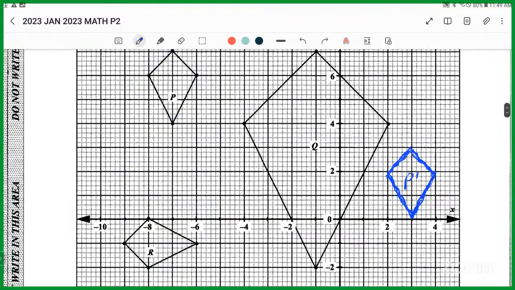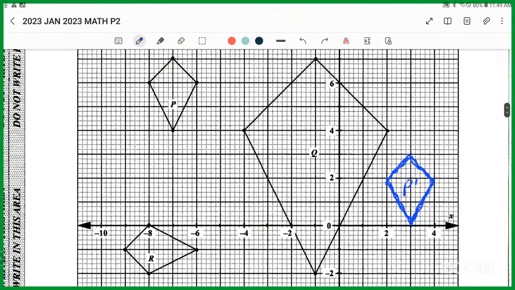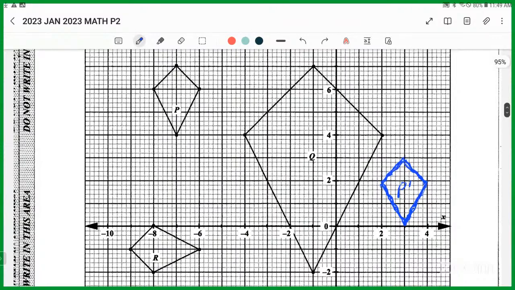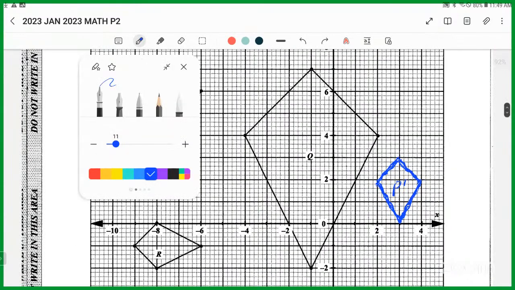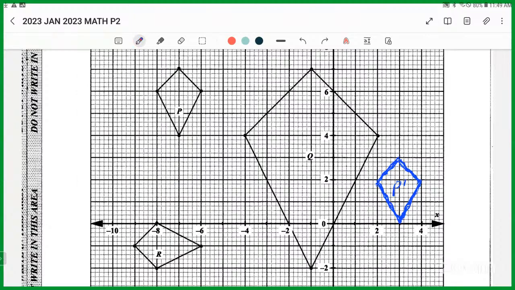This one is special. Why special? All right. So, it is a rotation, because this point, for example, down the middle here, we like to rotate around.